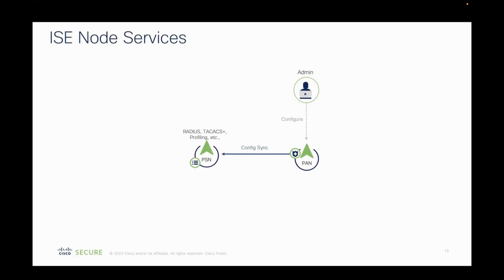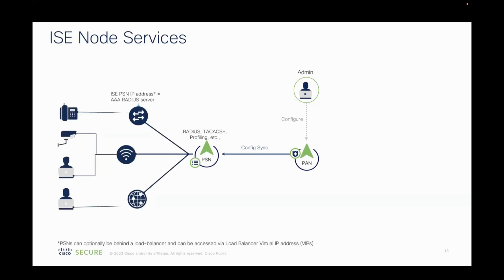With the configuration changes that you have done on the PAN, the PSN automatically gets them, and it helps you evaluate the policies so that when endpoints come over wireless, wired, or a VPN network, the RADIUS access requests are initiated on behalf of endpoints. That's evaluated by the PSN, and when it gets that RADIUS request as part of an authentication, the PSN looks into the external ID stores for authentication.